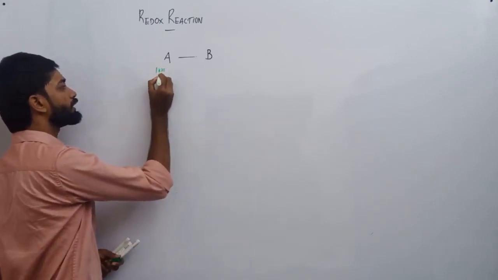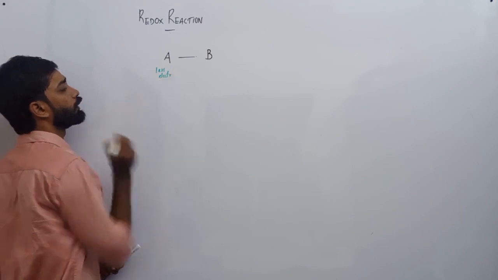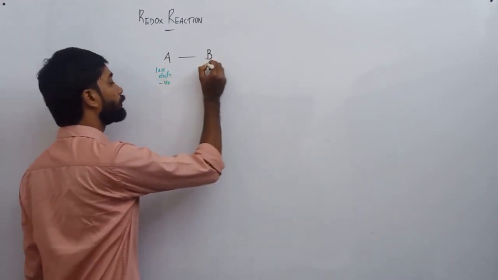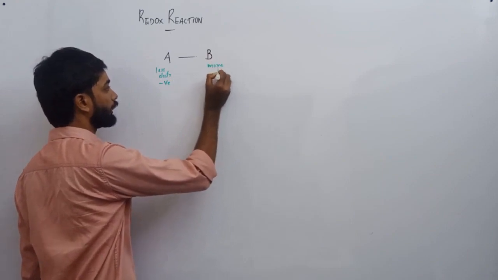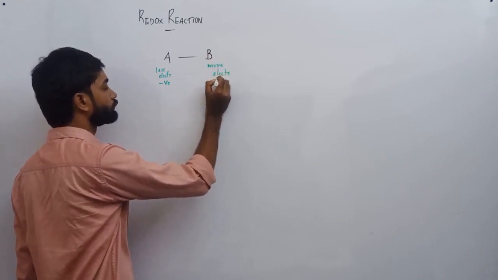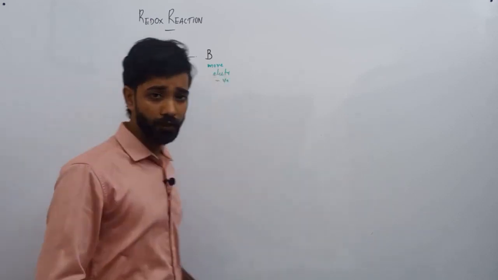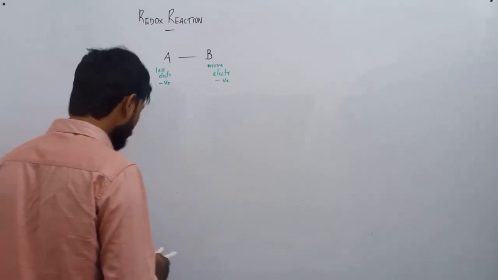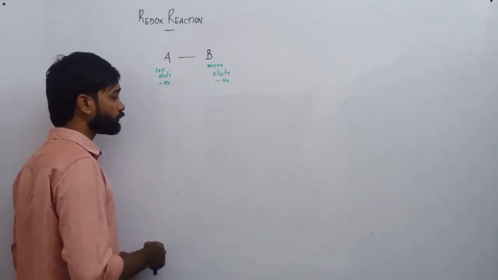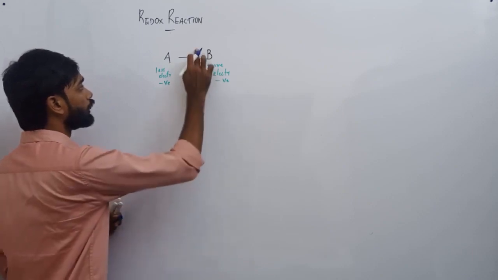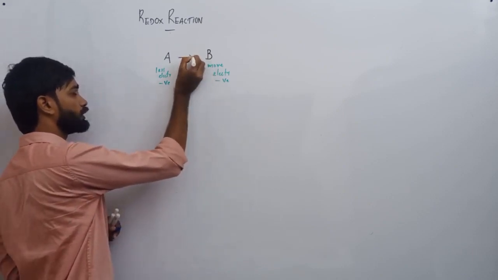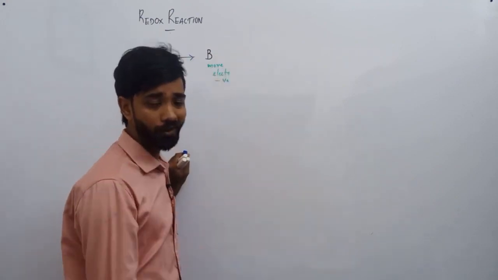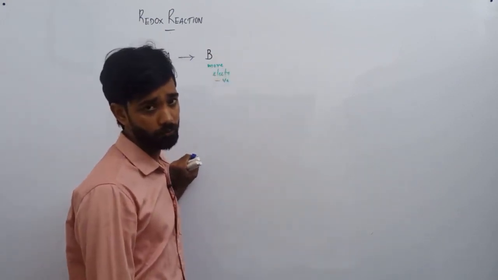Say A is less electronegative, but B is more electronegative. If A is less electronegative, then relatively B will be more electronegative because A and B are entirely different. Then it is clear that the polarization of the bond is towards B, or the electron pair is a little bit attracted by B, right?